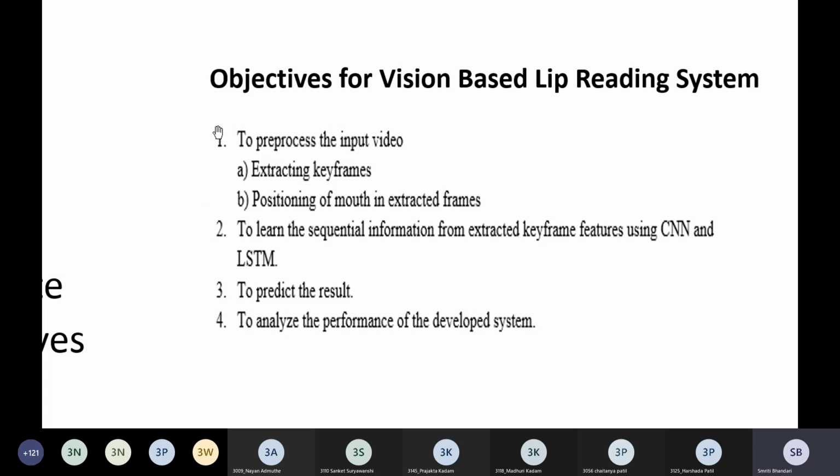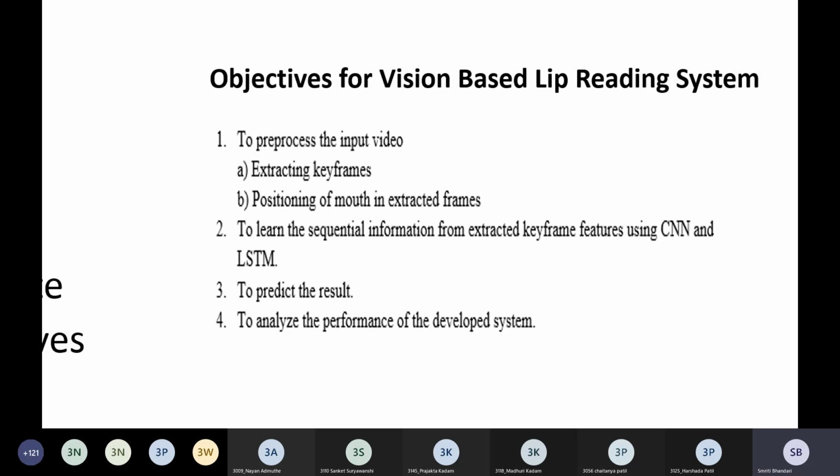To predict the result, you are following some algorithm. So all those steps deal with some process that you should perform to come up with the final result, the final outcome of your project.